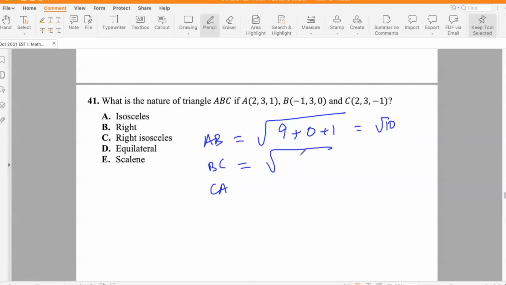BC would be 2 plus 1, 3 squared 9 plus 0 plus 1. So that's also root 10. And CA will be 1 plus 1, 2. Yeah, so CA will just be 2. So this is an isosceles triangle, right? Two sides are equal and the third side is different.